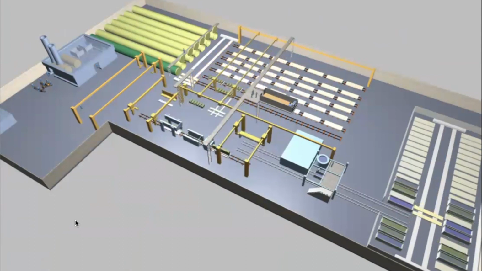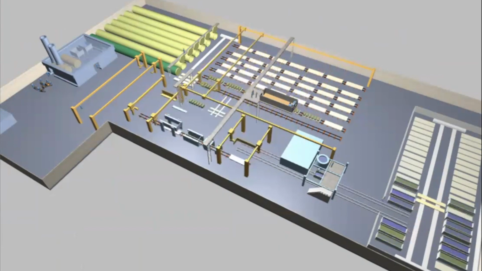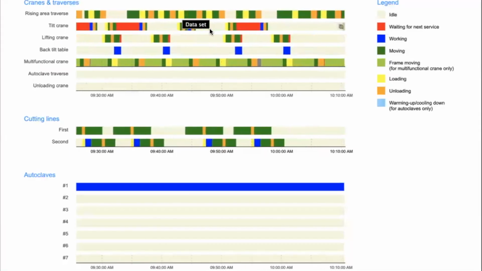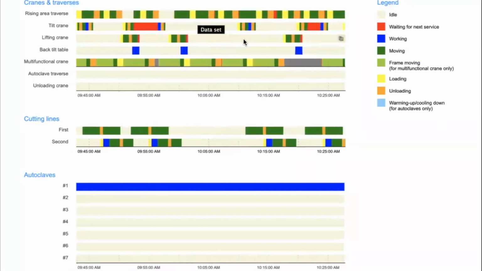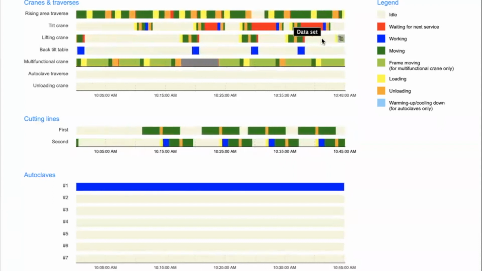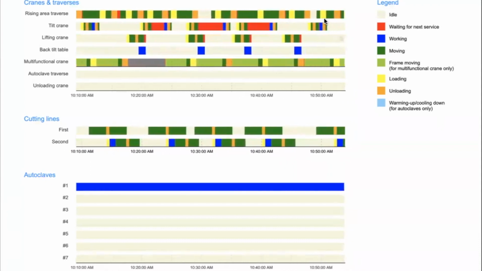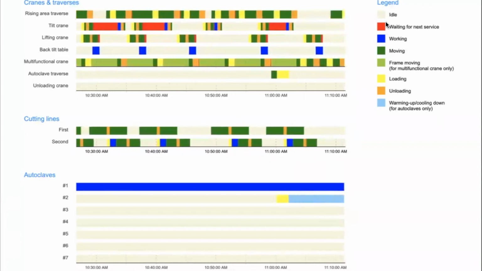Thanks. Our bottleneck currently is located at the riser, but as you can look at statistics, we can see that there's a lot of movement. We have a lot of working going on, but there is some waiting for the next service, and that is at the tilt crane area.